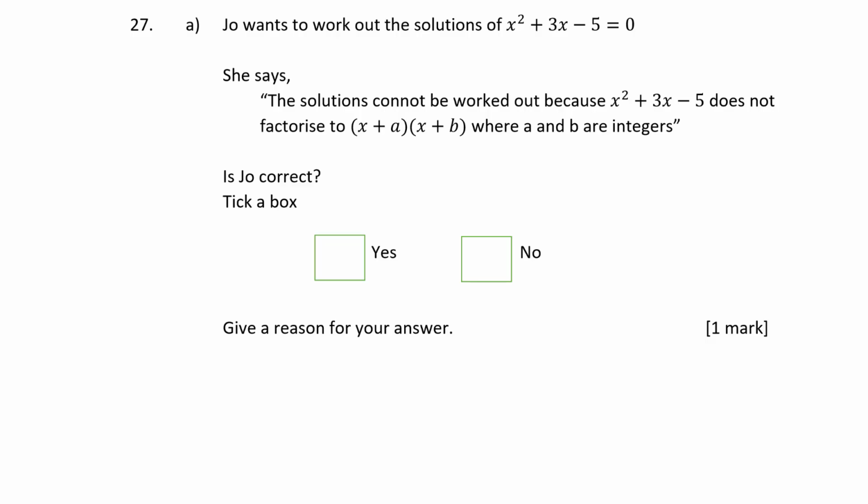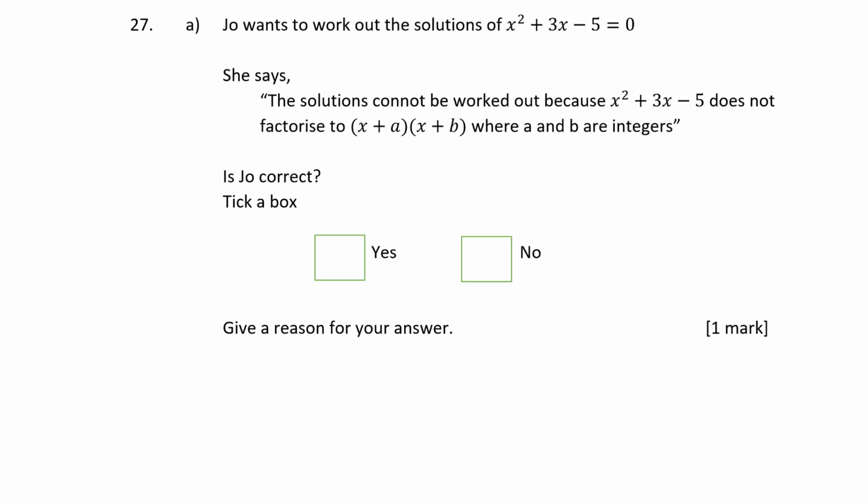Question 27a. Joe wants to work out the solutions of x squared plus 3x minus 5 is equal to 0. She says the solutions cannot be worked out because x squared plus 3x minus 5 does not factorize to a form of (x plus a)(x plus b), where a and b are two integers. Is she correct?